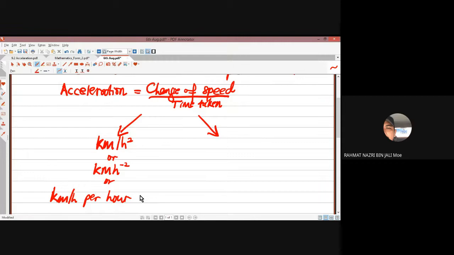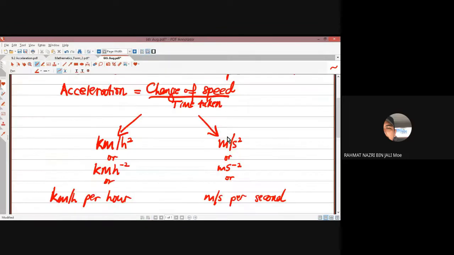So ada 3. Ini pun sama juga, m meter per second. Or we can write meter s negative 2, or we can write meter per second per second. Ada s lah.